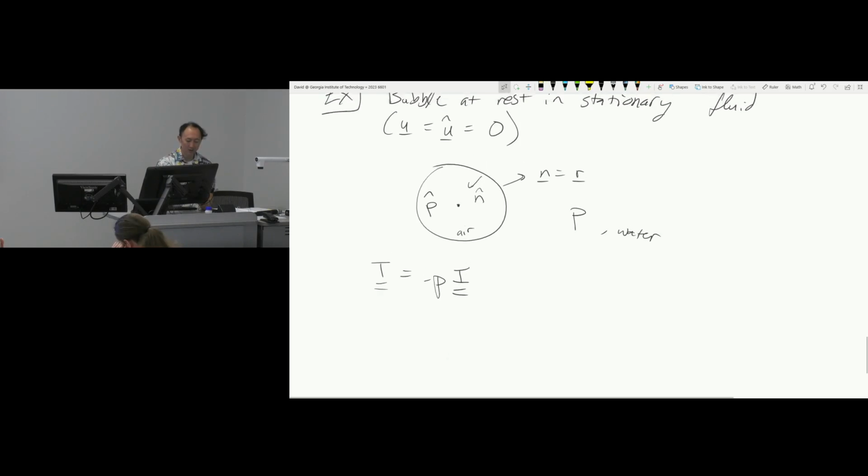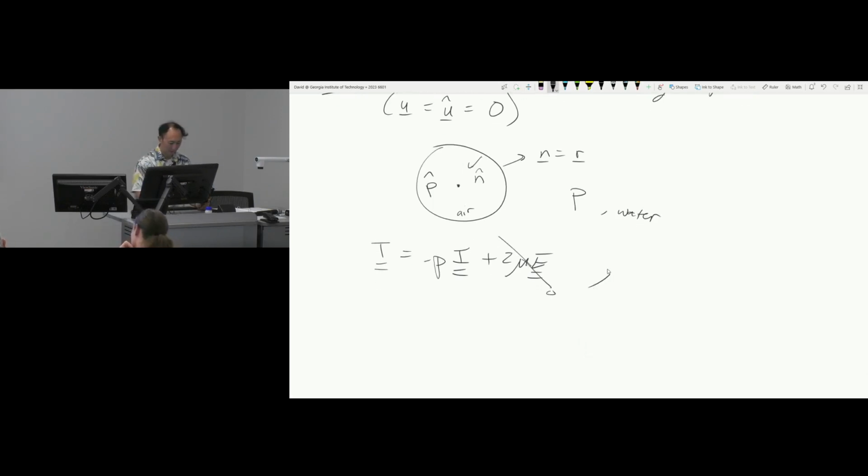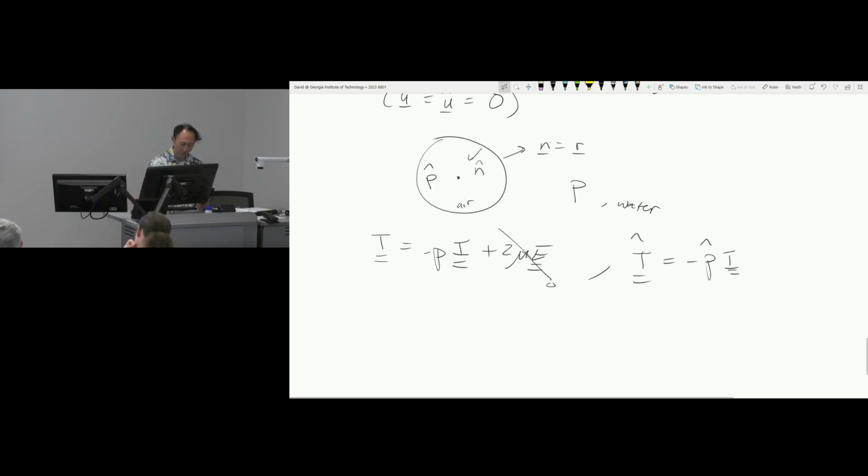So the stress tensor, remember in general there's 2 mu for a Newtonian fluid. We have these parts, but if there's no fluid motion, clearly this part's 0, right? The stress inside is given by the hatted pressures, and remember, this is the identity matrix.